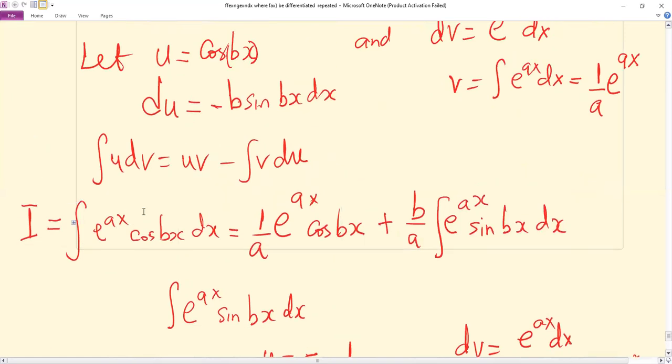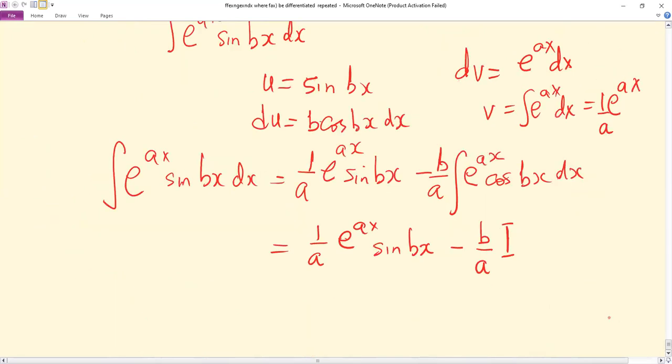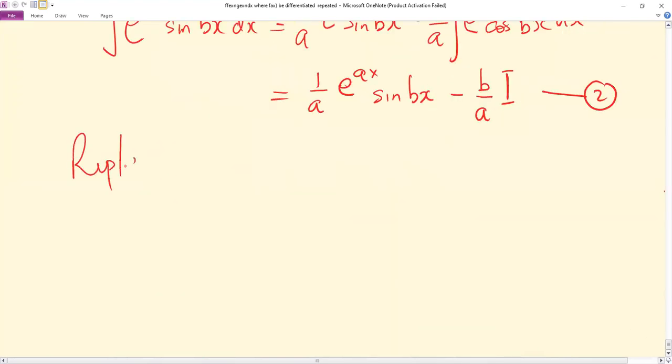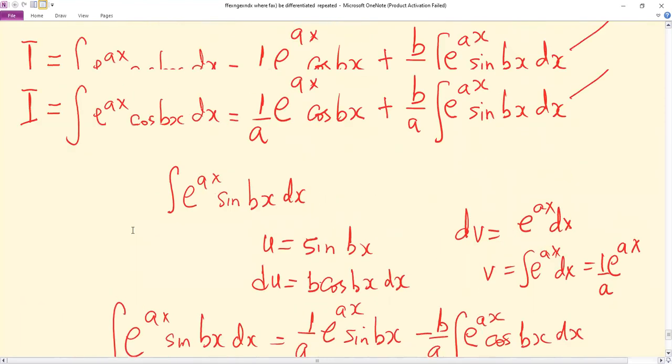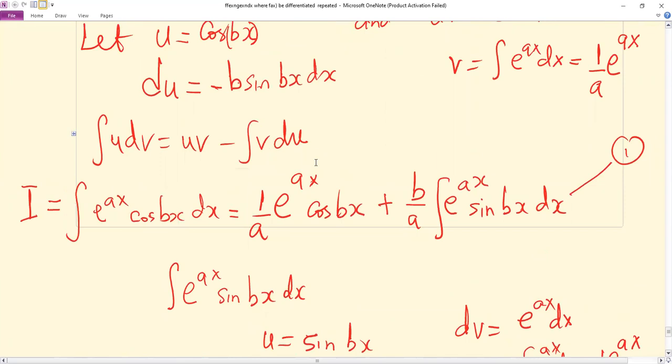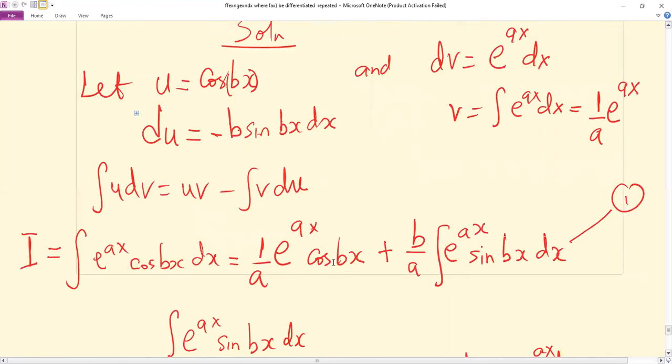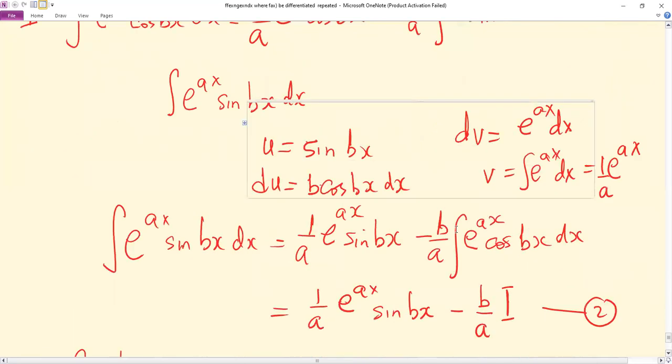Now, if we call the first one equation 1 and this one equation 2, replacing 2 in 1, we get I equals, remember the first term on the right hand side is 1 over a e raised power ax cos bx, and then the sign here is plus b over a, then this second integral.